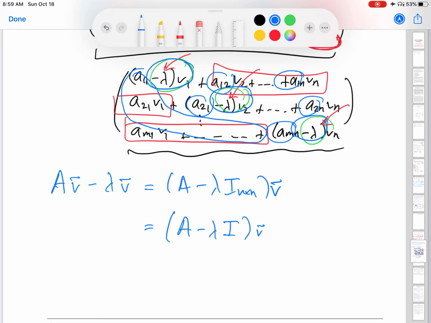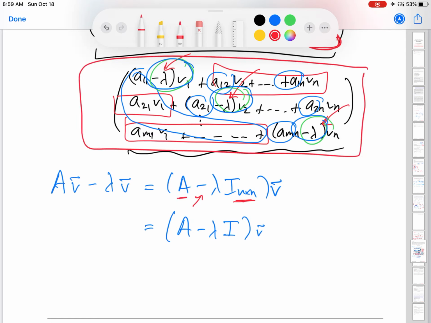It's understood that if I subtract matrices, they have to have the same size. The calculation I did up here assumed a matrix of size m by n. I should have said that it's a square matrix so that all of the subtraction of lambda would have worked out. So that should have been square.